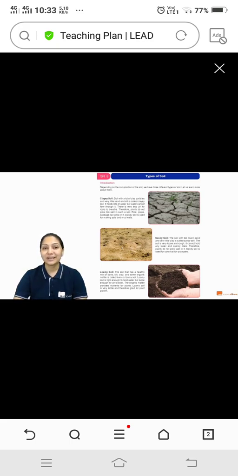Children, we know that soil has mineral particles in it like sand, silt and clay. And depending upon the quantity of each of these in the soil, there are 3 different types of soil. We've read about clay soil in which there is a lot of clay and very little sand.